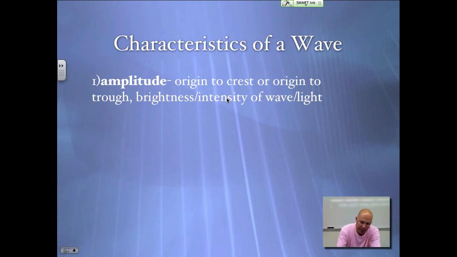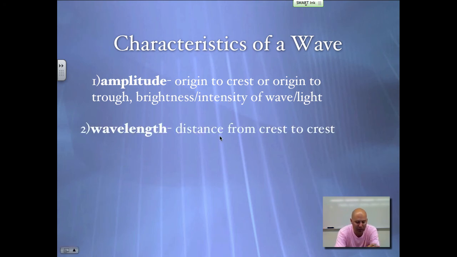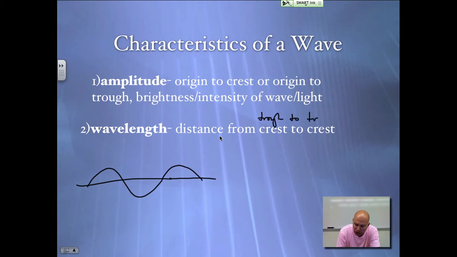Okay? The next thing that you heard me talk about was the wavelength, distance from crest to crest. I put crest to crest, but it certainly could be trough to trough or origin to origin. But again, crest to crest is easy enough to see.